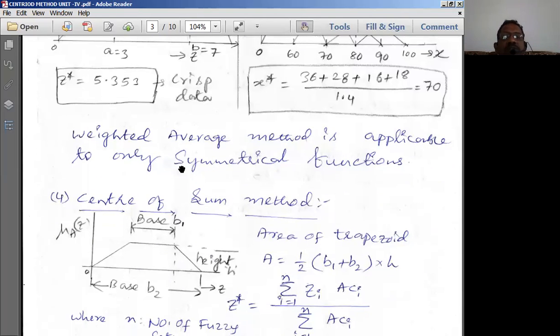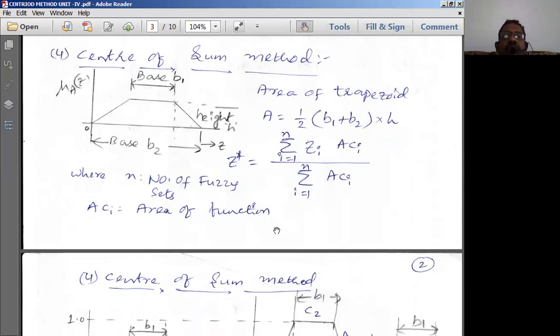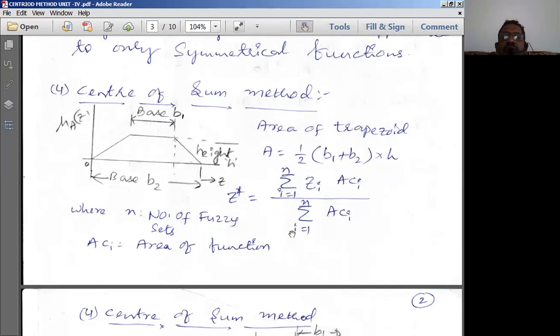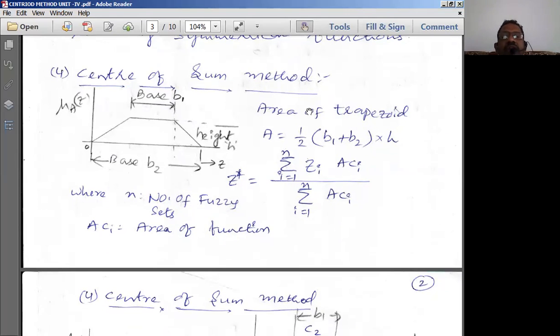And once again, this method is applicable only to symmetrical functions. The next method we discussed is the center of sum method. In the center of sum method, we are going to use the centroid of the fuzzy set with respect to its area, by summation of the areas of all the individual fuzzy sets. How do we find the area?